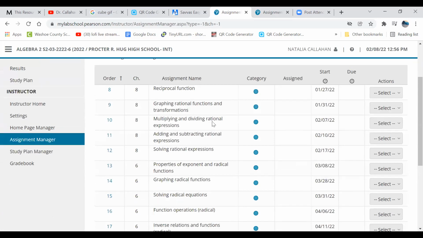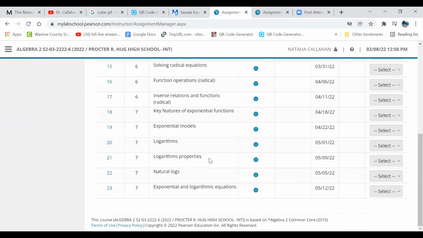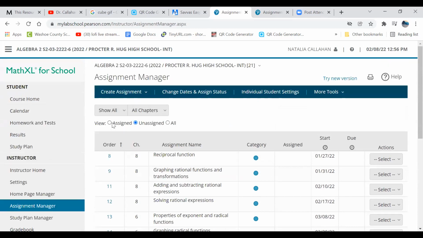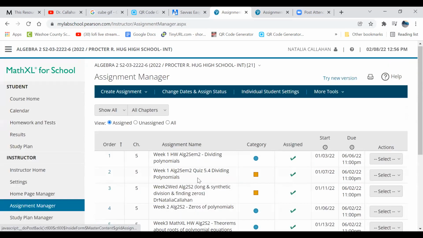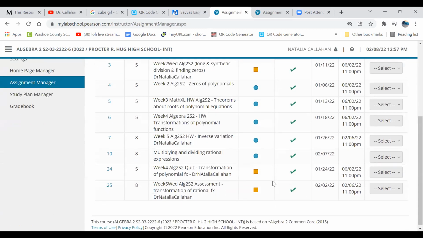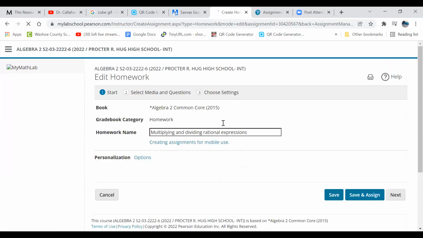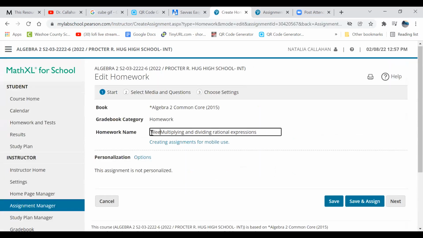Since we're talking about multiplying and dividing rational expressions, this is going to be your homework assignment for this week. I'm going to label this. Let's go edit.